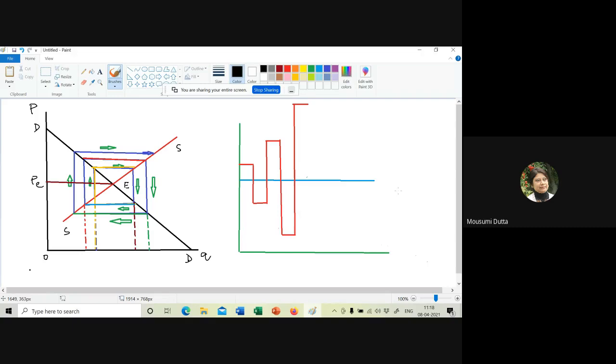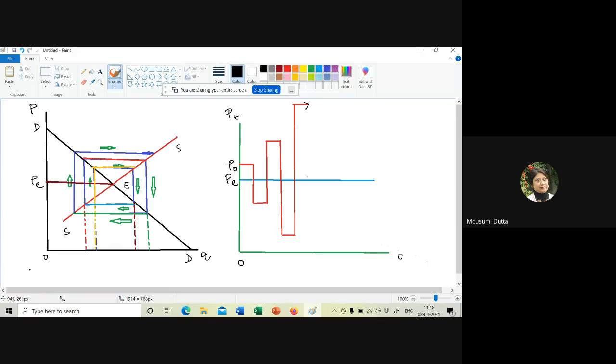As I mentioned, these levels are P naught.